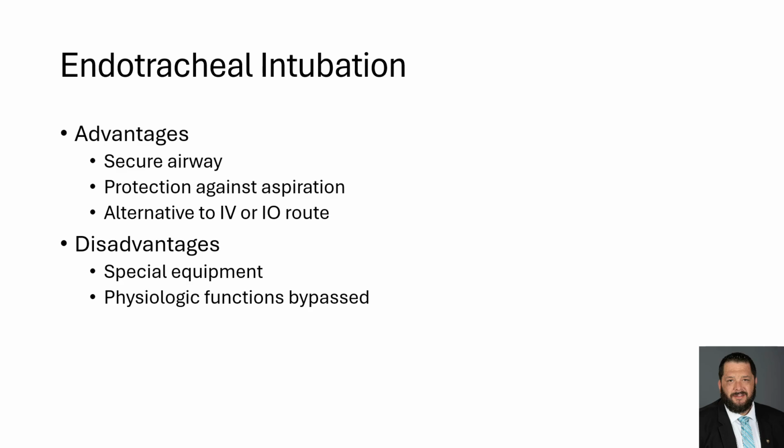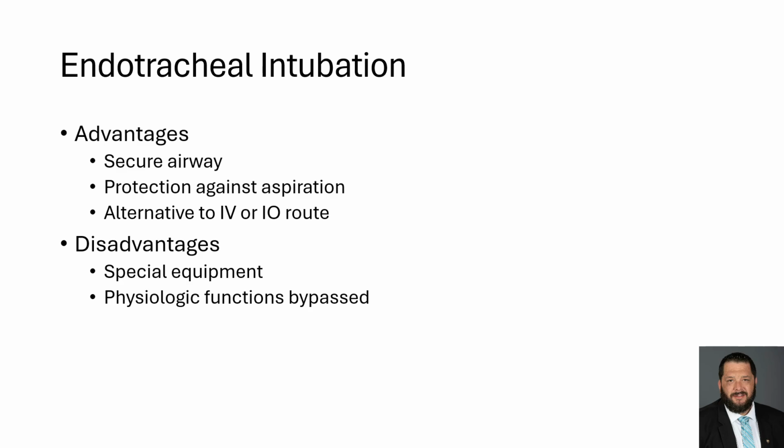Endotracheal intubation is the only procedure up to this point that serves that tool. It protects against aspiration, it secures the airway, and in rare cases can be used as an additional route for delivering medication, although we don't practice this in EMS much anymore after the adoption of intraosseous as a widely used route of medication.